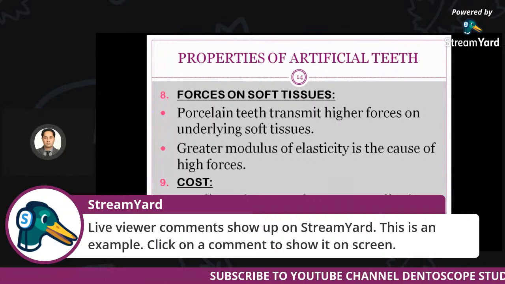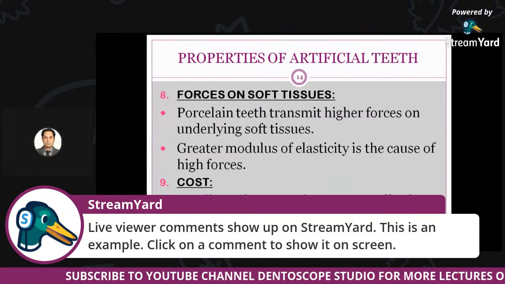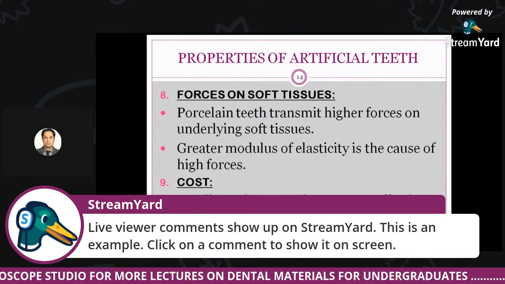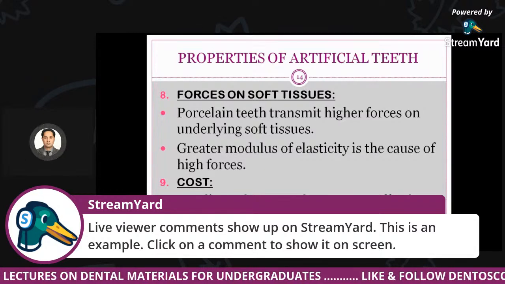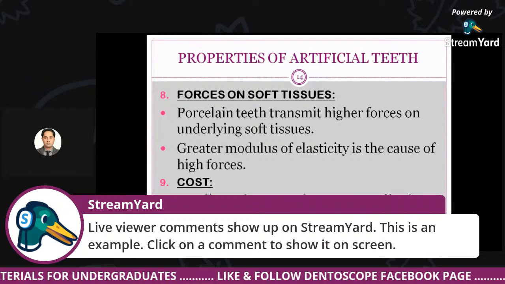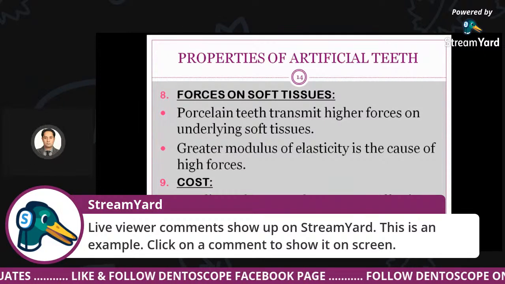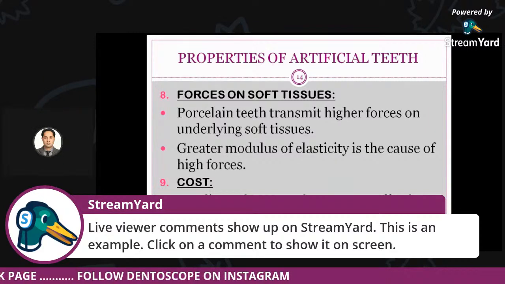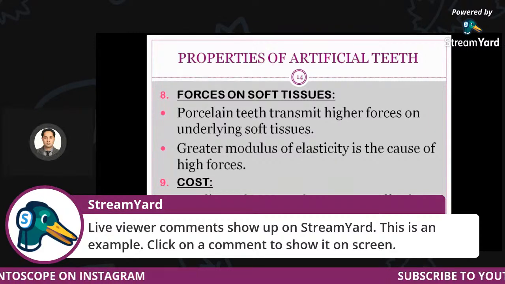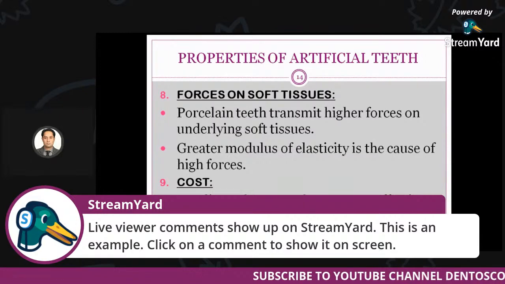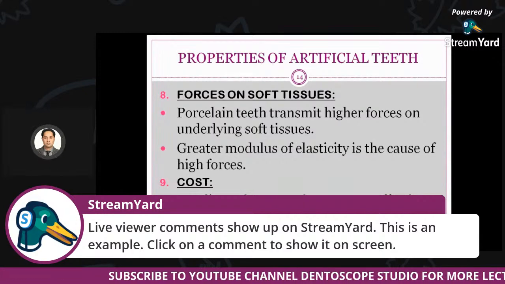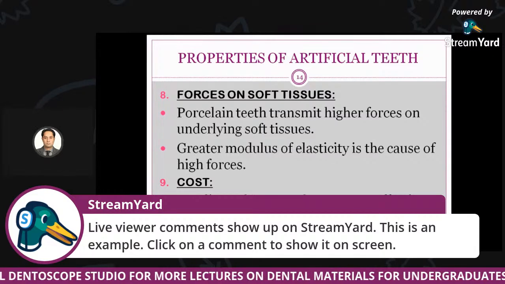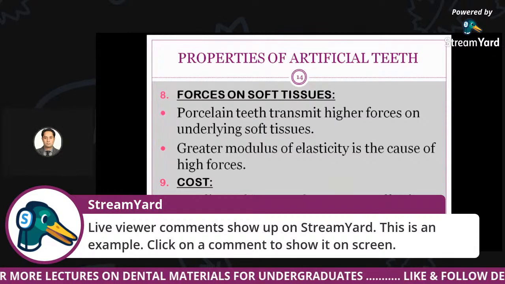In the long term, due to constant application of such heavy forces, with the passage of time and this constant pressure, the bone will start to resorb. It will start to resorb due to this large, heavy denture made up of porcelain teeth.